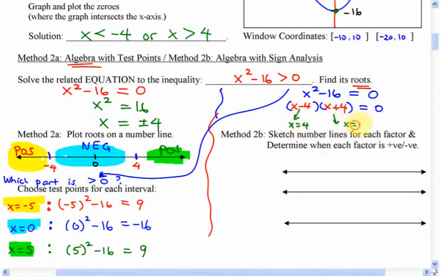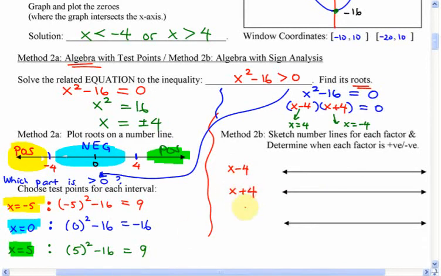This gives you x equals negative 4. So with method 2b, let's look at the factors and do some sign analysis. You see how there's two number lines written here? You see how I have two factors? I want you to write the two factors beside the two number lines. So here's x minus 4, and the other factor would be x plus 4.